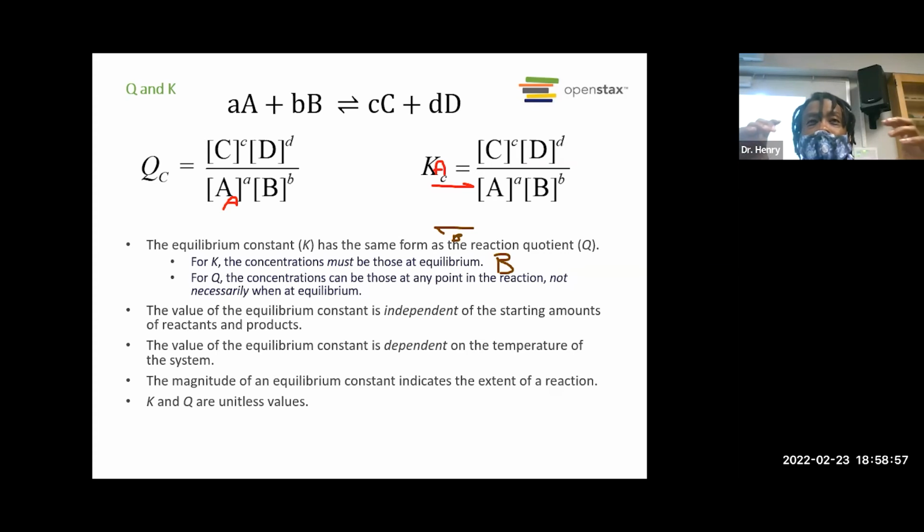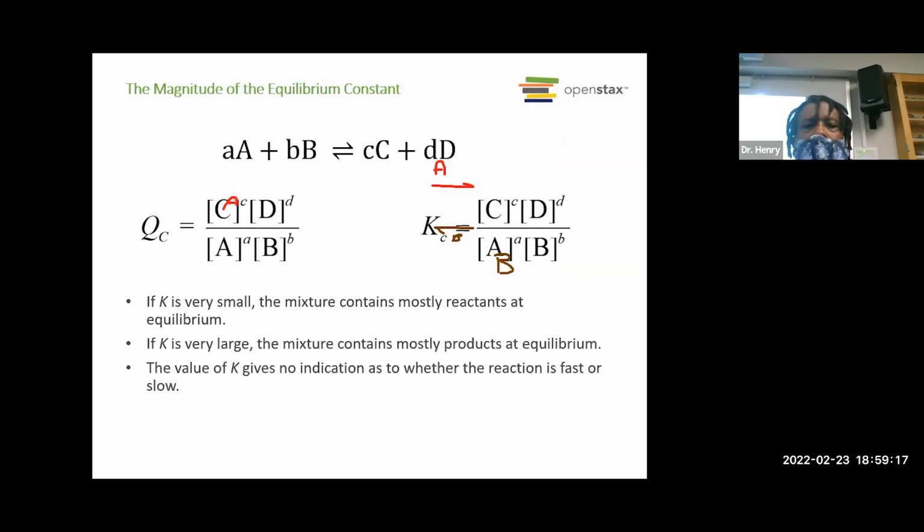If the value is really, really small, then we know that it's favoring the reactants. And K and Q are going to be unitless, so we're not going to have any units associated with it.